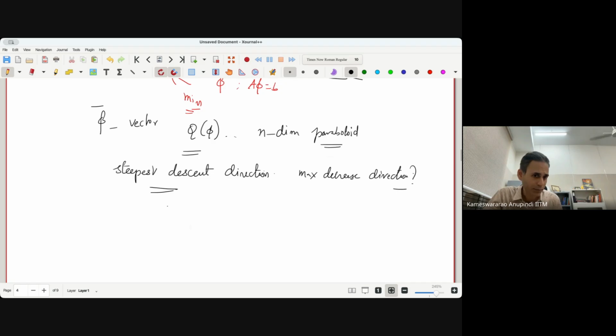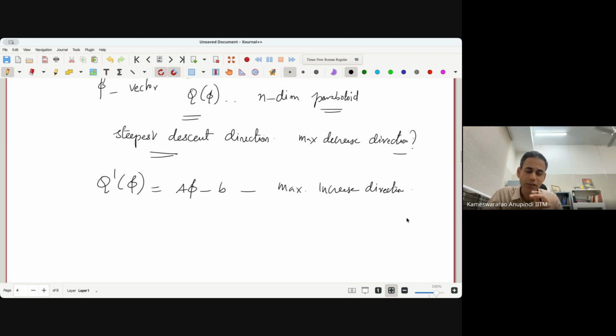But we said that q prime of phi, which we obtained as A phi minus b, is the maximum increase direction. This is the direction which increases the most. Then what would be the direction of maximum decrease? If something is increasing maximally in this direction, it must decrease if you go in the opposite direction.